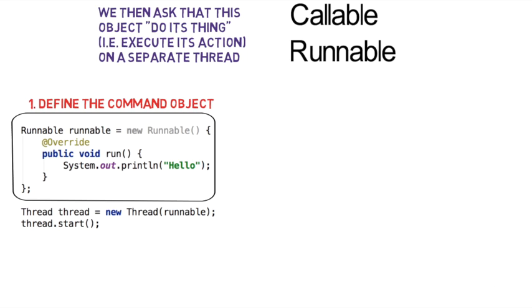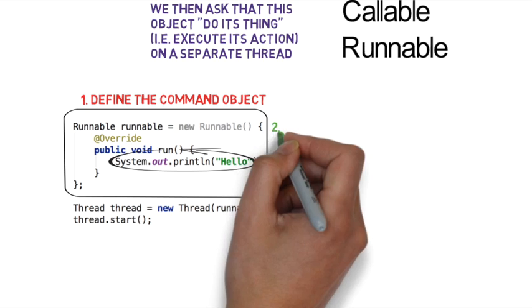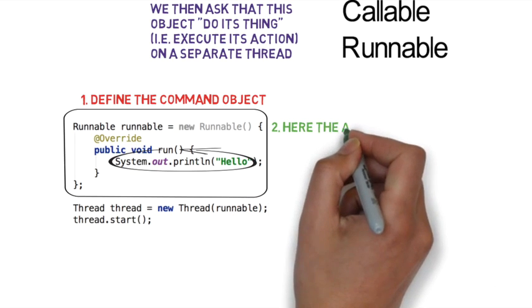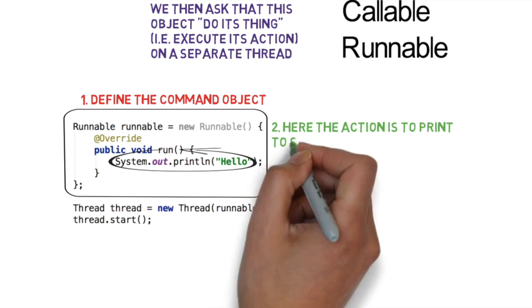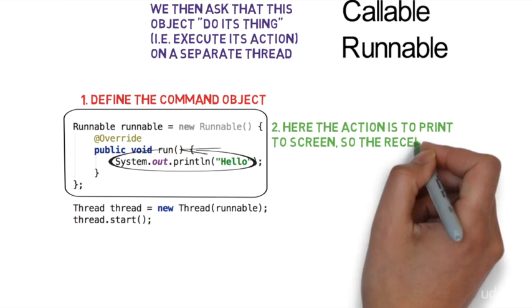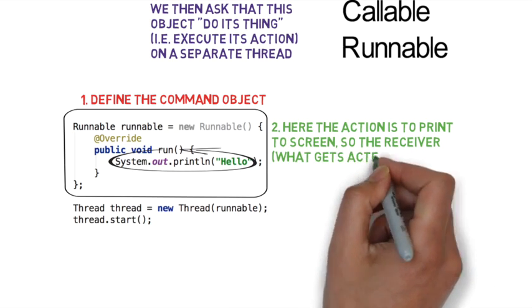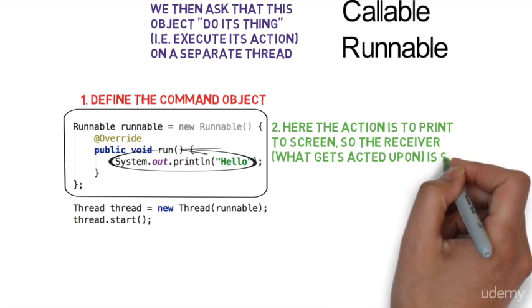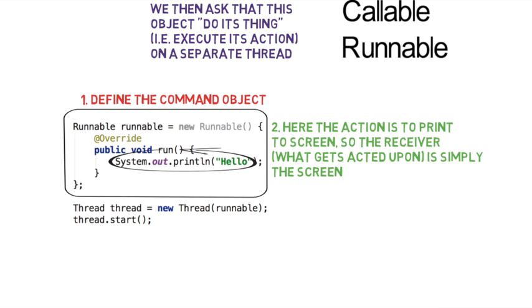Now, within this command object, the execute method is basically the run method. And within this run method, the one line operation that we want to perform, this is just an example, the action is to print to screen. So the receiver in this command object is simply the screen. It's the receiver that's acted upon as a part of this command object.